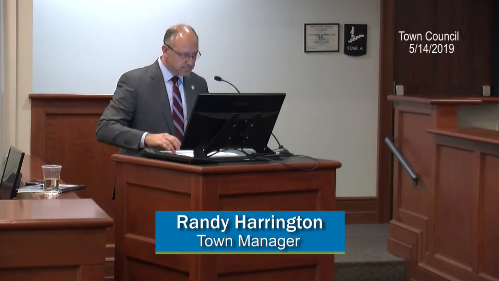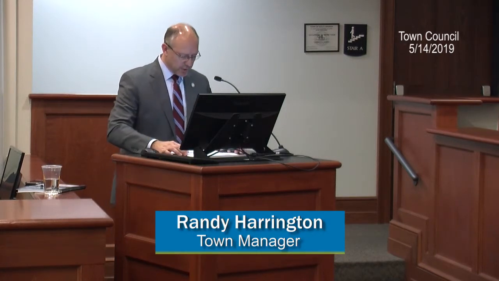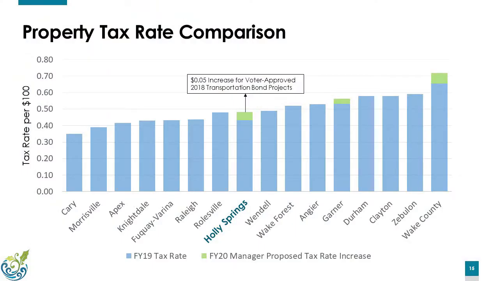I also want to highlight to you a property tax rate comparison. And even with the recommended property tax rate increase, Holly Springs remains very competitive in the Wake County region. As you see from this, the blue bars represent the fiscal year 19, the current year tax rates for other peer and other governments in the Wake County region.